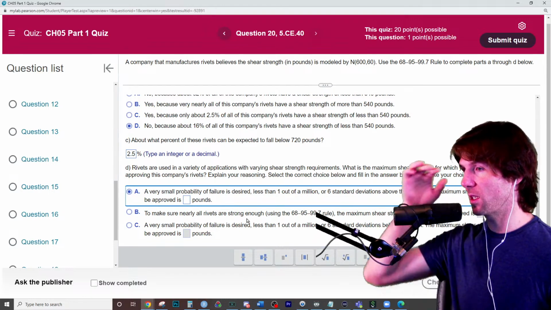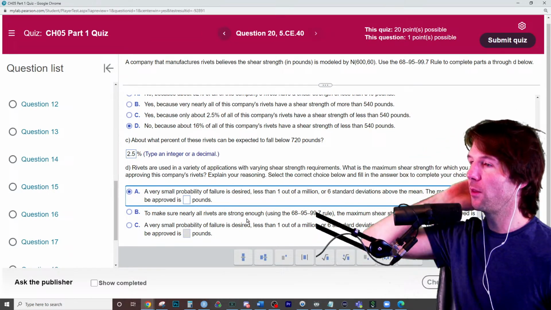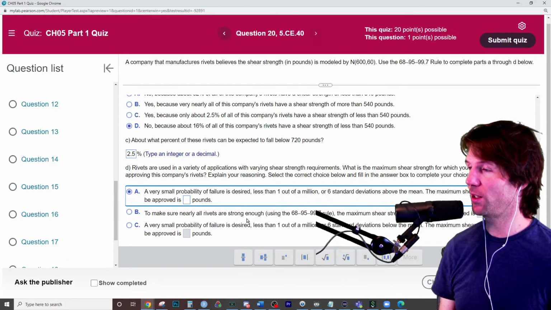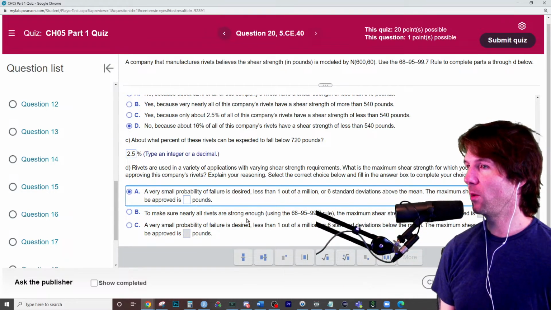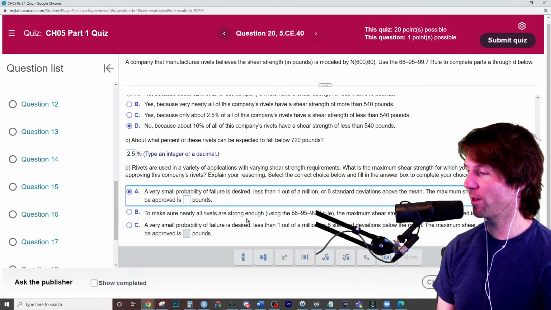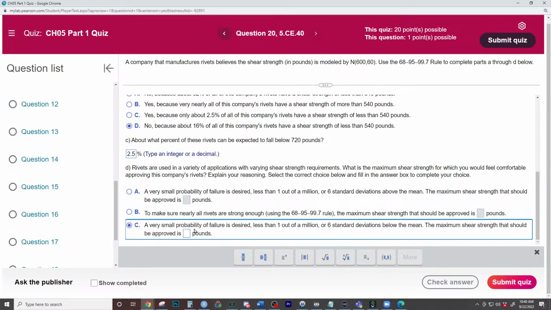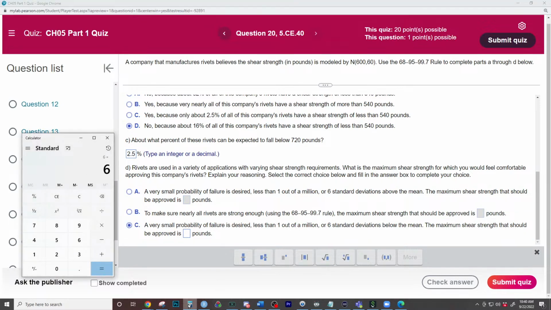So how can I find out what 6 standard deviations is? This question should literally just read, the company wants to figure out what 6 standard deviations below the mean is. Well, what's 6 standard deviations? It says I expected maximum. We want minimum. Times 6 by 60, times 6 times 60.